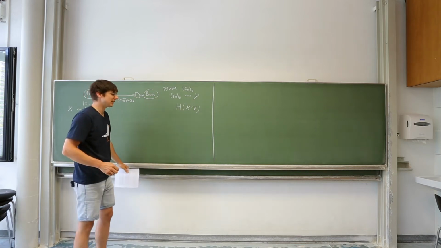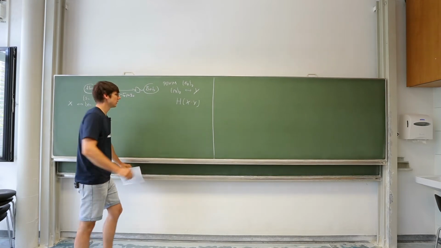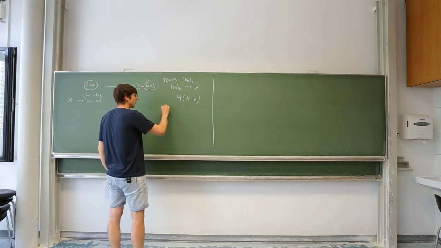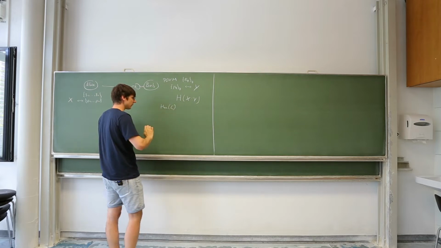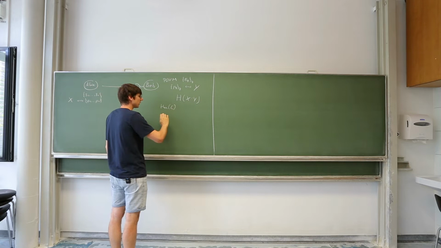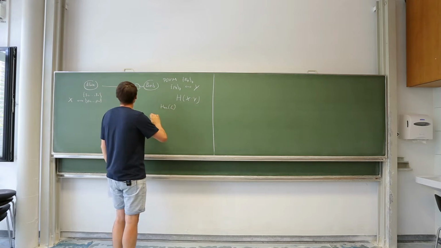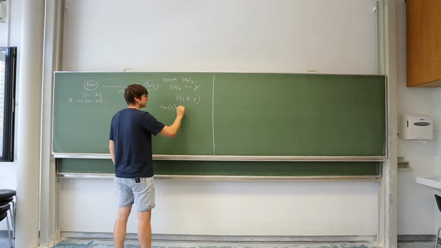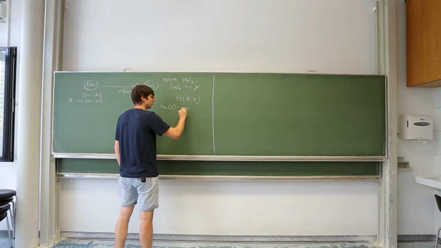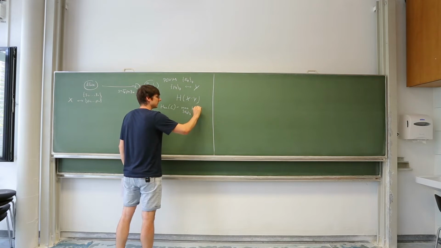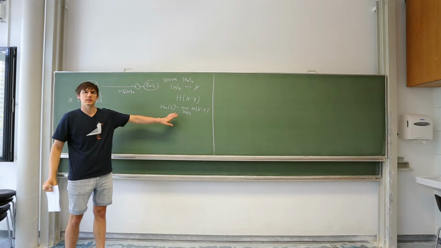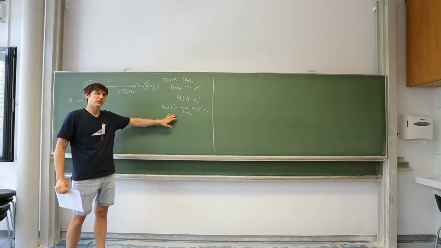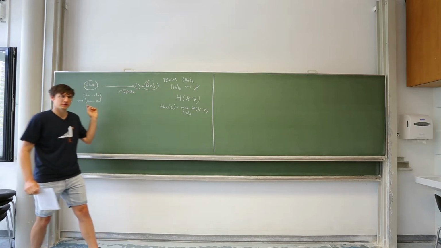And this defines the accessible information of Bob. So we define the accessible information of this ensemble E. This was given by a maximization over all POVMs of the mutual information. So this is the maximal information that Bob can get about the random variable X.